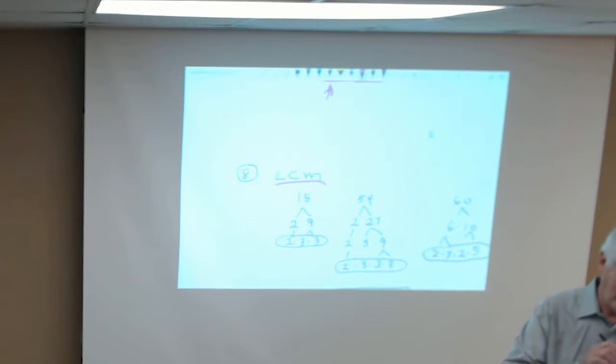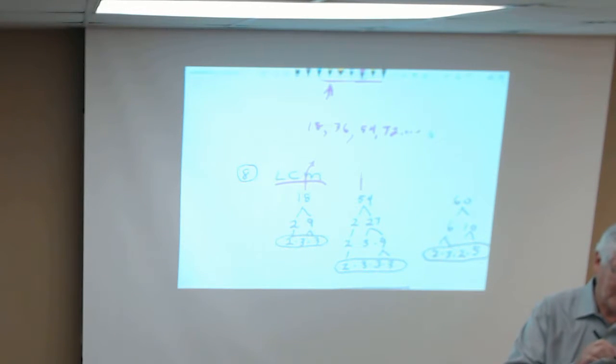Now, if I were to write multiples of 18, that would be 18, 2 times 18 is 36, 3 times 18 is 54, 4 times 18 is 72, dot, dot, dot. You see, I just keep going.